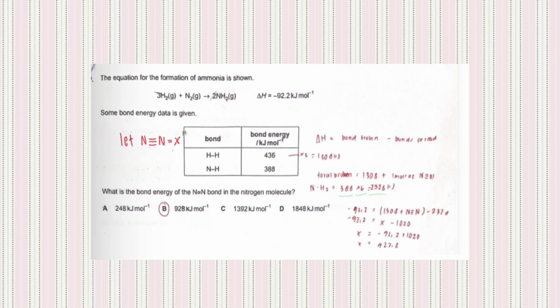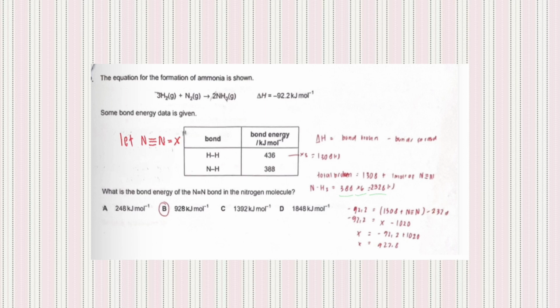Now we substitute our numbers into the main formula. The formula is enthalpy change equals bonds broken minus bonds formed. Given that the enthalpy change is minus 92.2 kJ per mole, it equals 1308 plus the nitrogen bond, minus 2328.